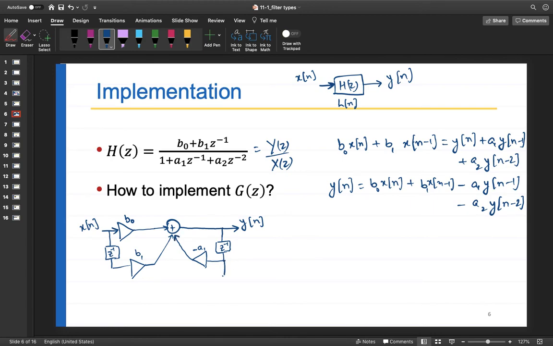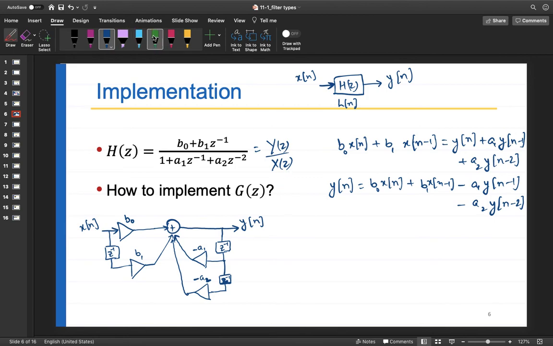And then again, another delay to get y n minus 2, and this output again gets multiplied with minus a2, and the output gets added here. So this is my implementation of h n. In this way, this will give me the output filtered through h z.